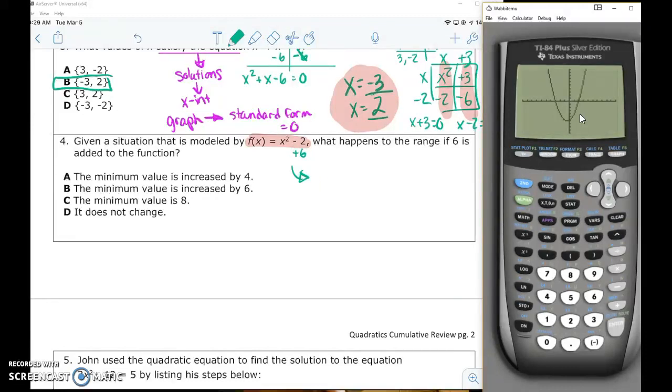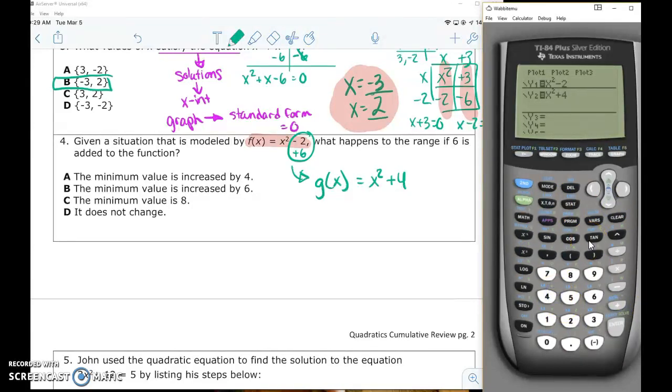That way we can differentiate. G of x equals x squared minus 2 plus 6, which is plus 4. So if I look at this on a graph, I'm going to graph my original function, x squared minus 2, and my new function, x squared plus 4.